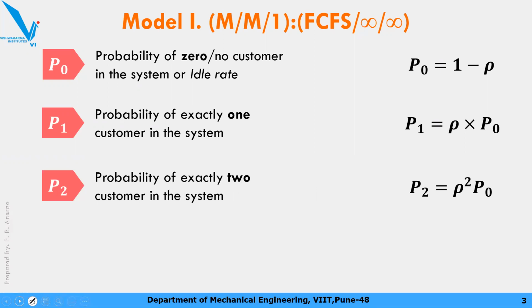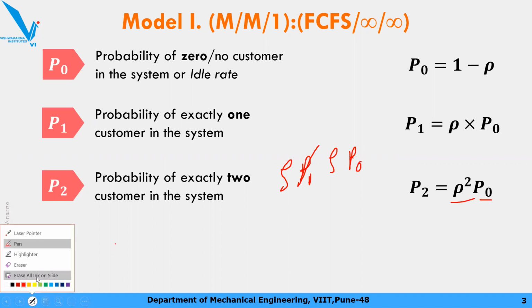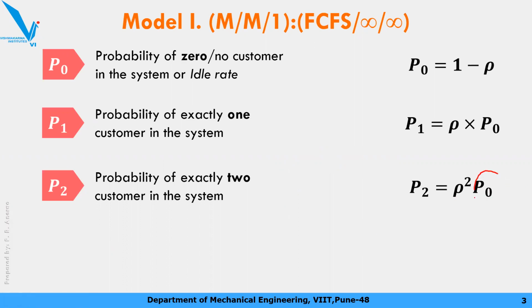You can calculate it by rho square into P0, or you can calculate it like rho into P1. P1 is nothing but rho into P0, so that's why rho square P0. Here also you can simplify: P0 is nothing but 1 minus rho, so it becomes rho square minus rho cube.